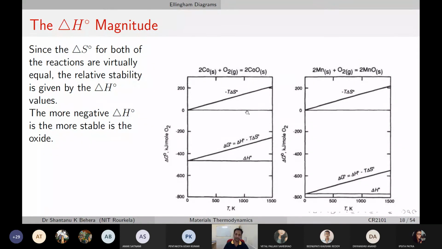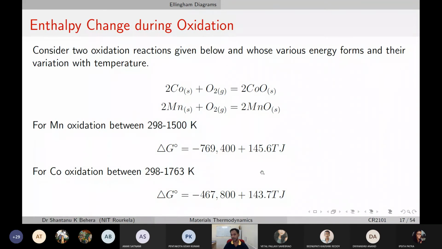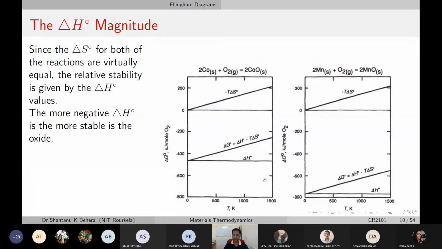As temperature increases, you multiply the temperature by a constant quantity, minus 145.6 for one and minus 143.7 for the other. So this negative quantity is multiplied with temperature as we go up in temperature, yielding a straight line like this.